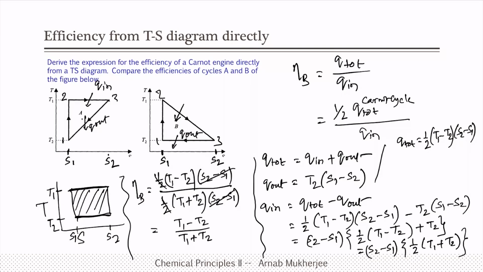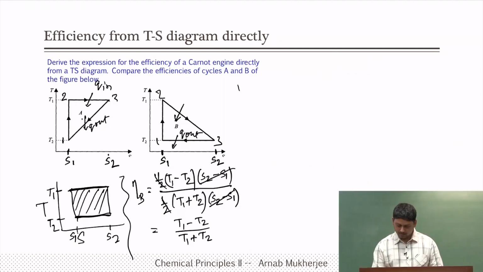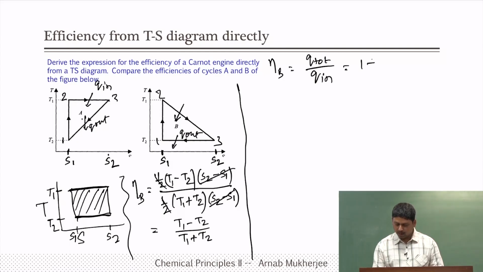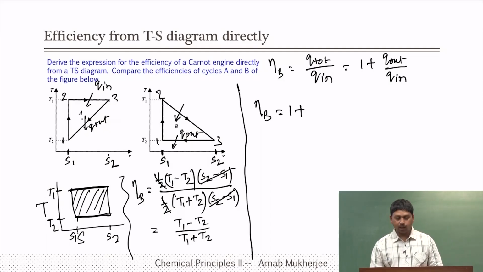Now that we got Q in as half (T1 plus T2)(S2 minus S1), we can write it the other way also. Efficiency B can be written as Q tot by Q in, or 1 plus Q out by Q in. And Q out, how much did we get? Q out is not half.